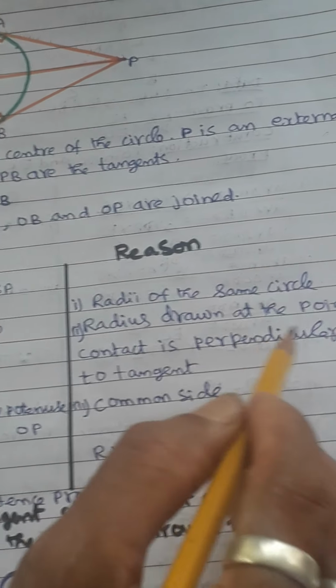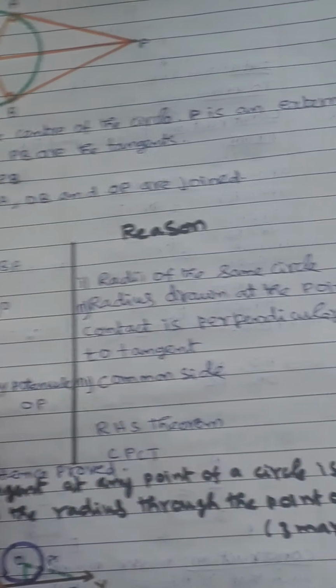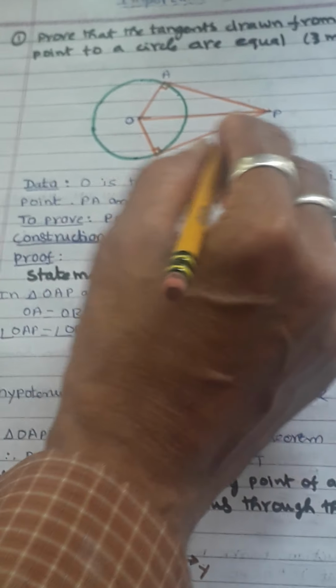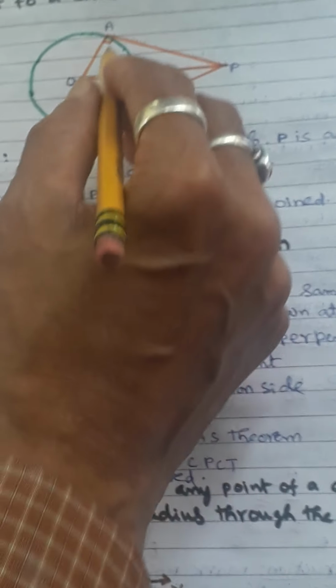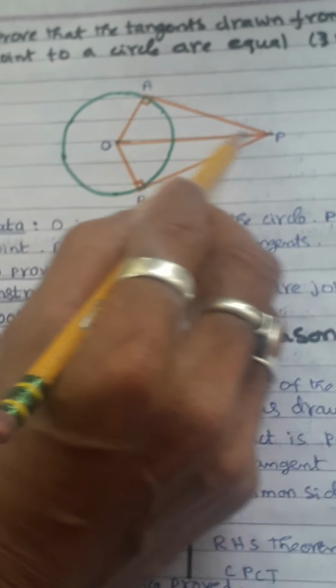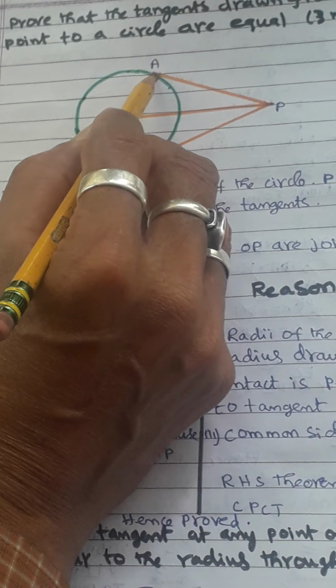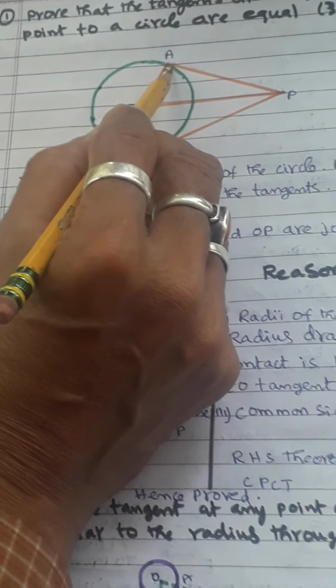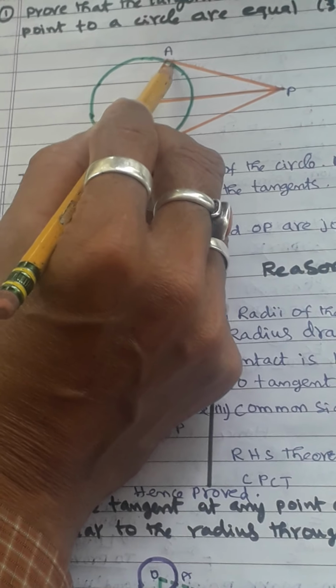Then we already know that for tangents, angle OAP as well as angle OBP are both equal to 90 degrees. Why? Because for any tangent, if you draw the radius to the touching point, this angle is always 90 degrees.